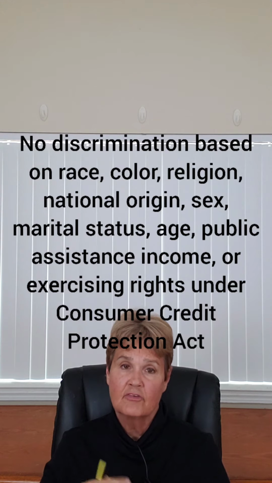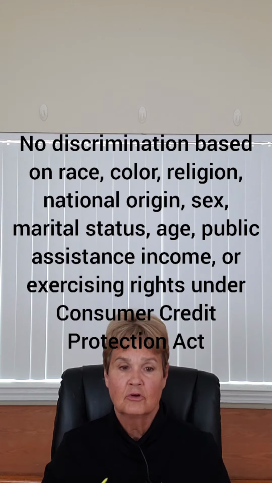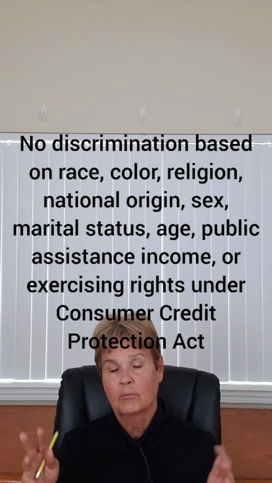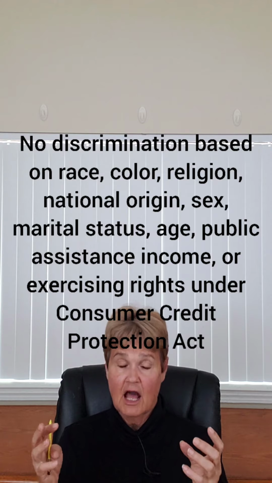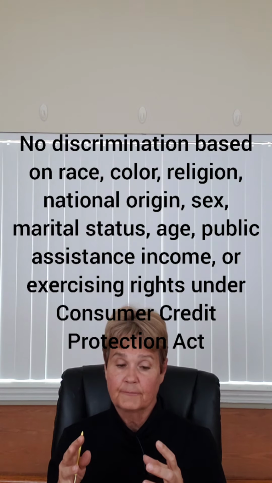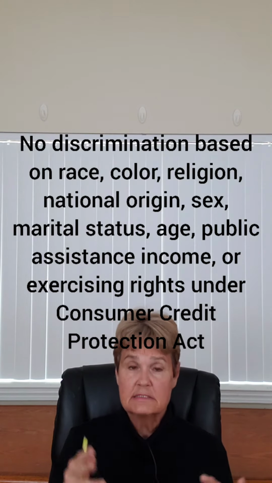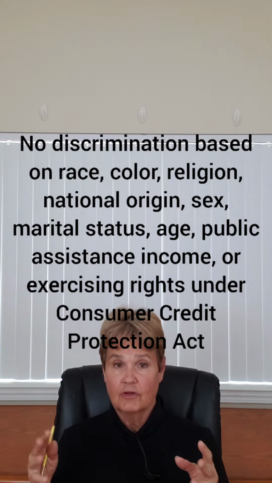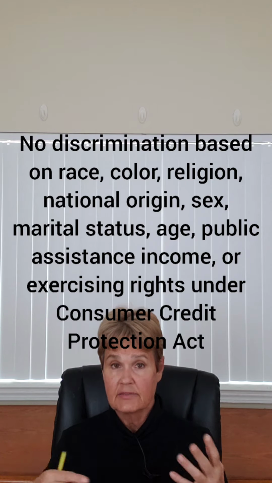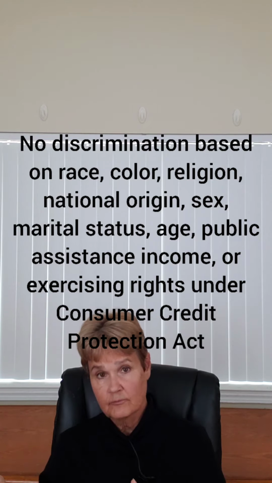And the last thing is exercising any rights under something called the Consumer Credit Protection Act. That act actually encompasses a lot of the regulations that we're going to be talking about down the road. So if someone feels that they were discriminated against in the past and sued their lender, sued their loan originator, sued somebody, you can't discriminate based on that.